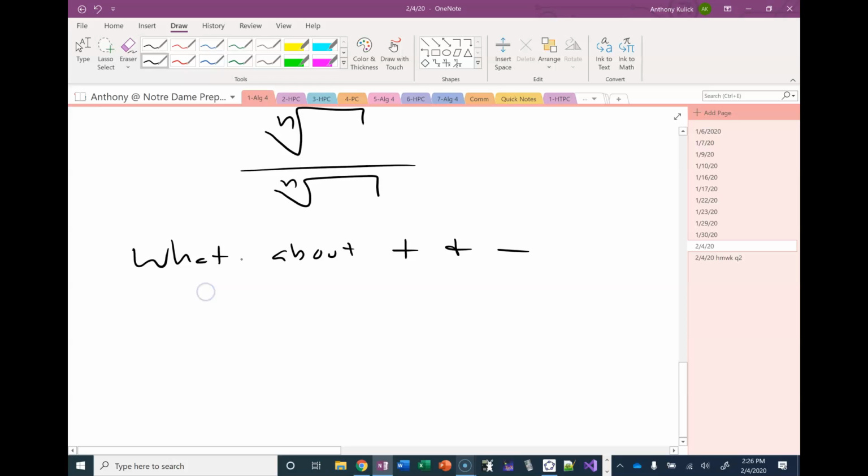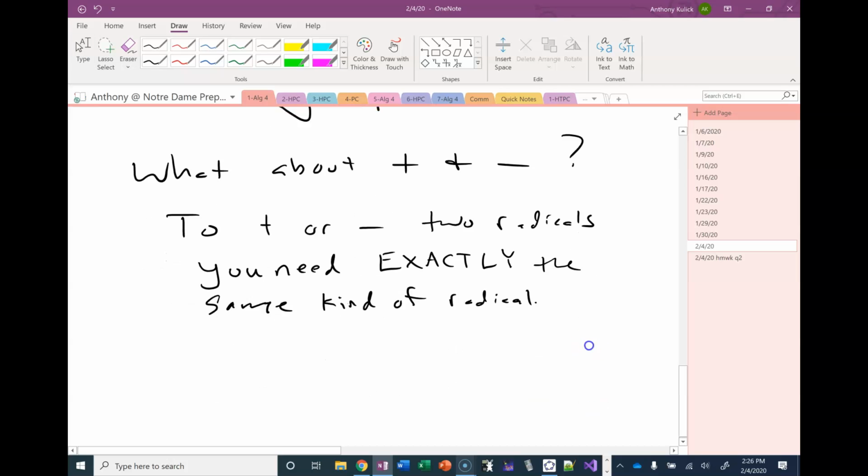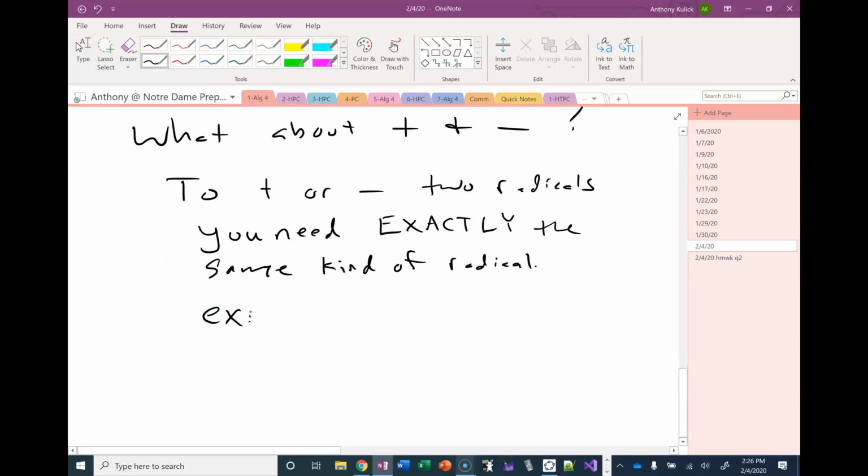Okay. So to add or subtract two radicals, we need exactly the same kind of radical.